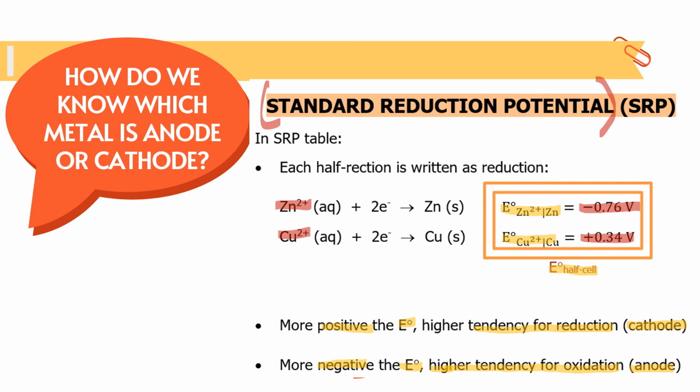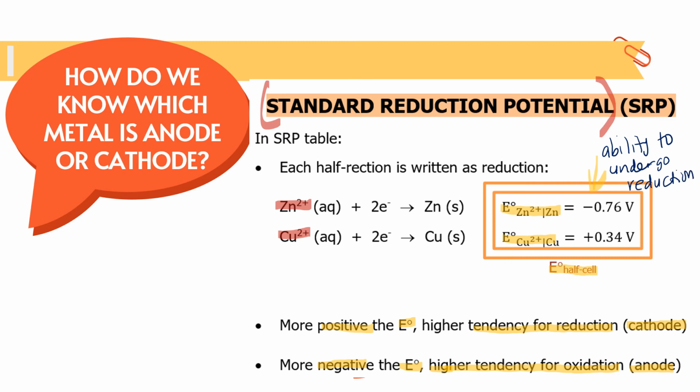To make it simple, the target over here is the value from your SRP table. What does this value show? It shows the ability to undergo reduction.